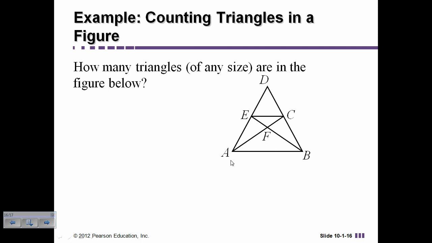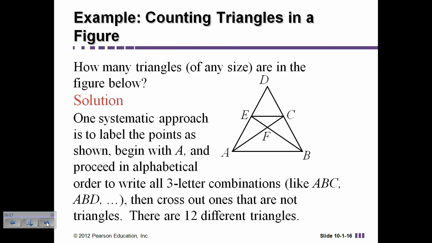So AED we already talked about is not a triangle. So that can be very tedious and very easy to get things confused, and it's also very easy to duplicate examples.